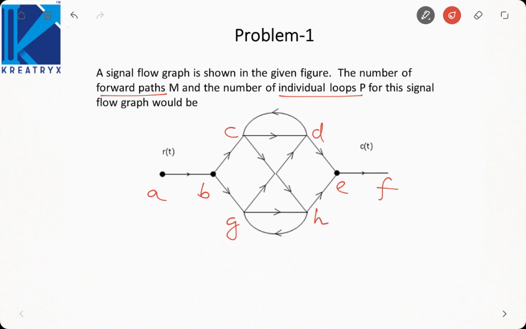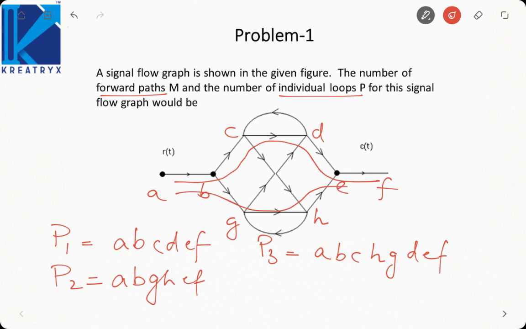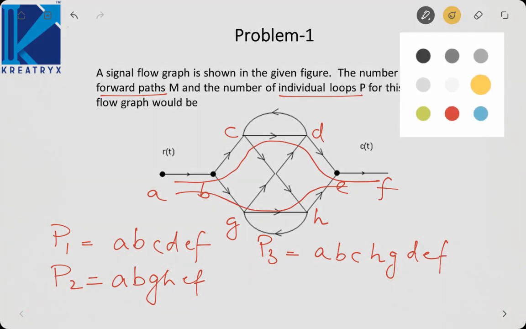When it comes to forward path, it is a path between input and output. So forward path 1 would be A, B, C, D, E, F. Similarly, next would be A, B, G, H, E, F. Other than that, we can also draw A, B, C, H, G, D, E, F. Let me mark it in a different color.